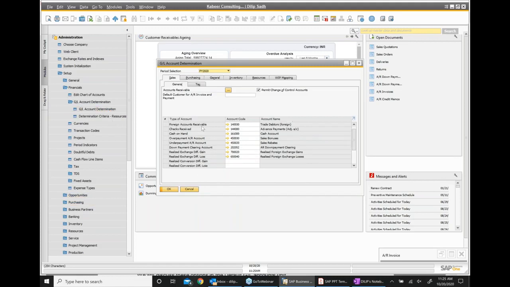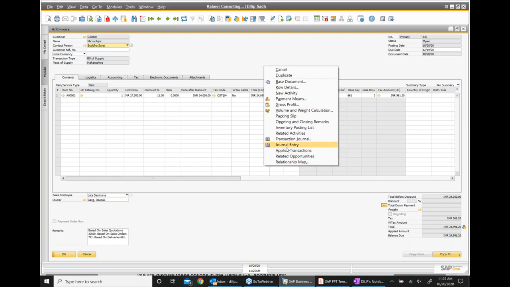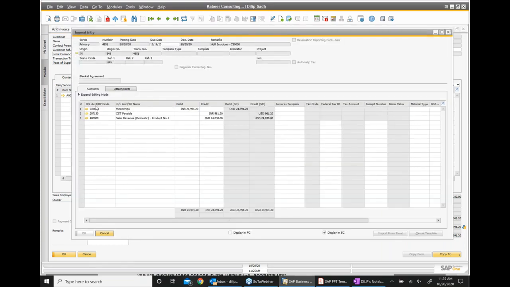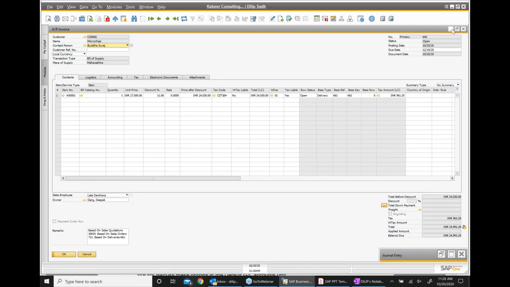And this is the GL account determination. These are different GL accounts. See that the revenue account is 40000. If I go back here, if you go to journal entry, revenue account 40000. I close this.